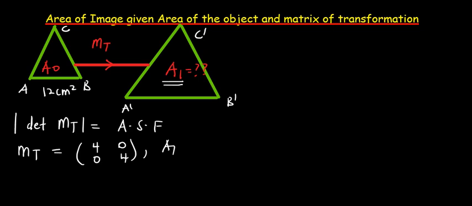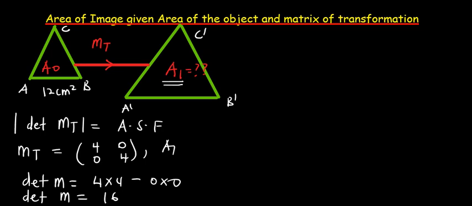We find the determinant of the matrix of transformation, and that is we multiply the entries in the major diagonal, that is 4 times 4, minus the product of the entries in the minor diagonal, that is 0 times 0. So the determinant of the matrix of transformation is equal to 16 minus 0.